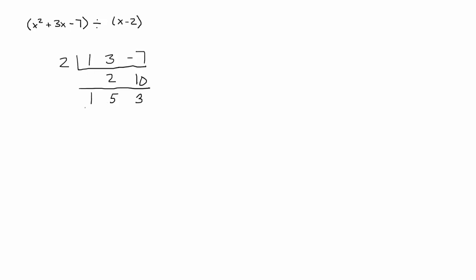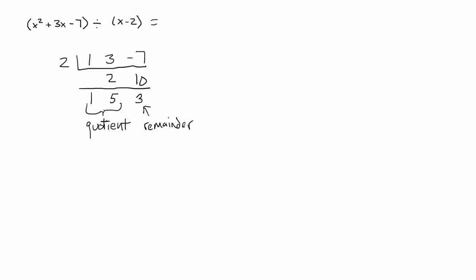Now the way we read this is these here are the coefficients of the quotient. So we could say that this is the quotient. And the 3 is the remainder. So if we write an answer like we did in the video for long division, we would say that this is equal to, when we look at the quotient, we have coefficients of 1 and 5.